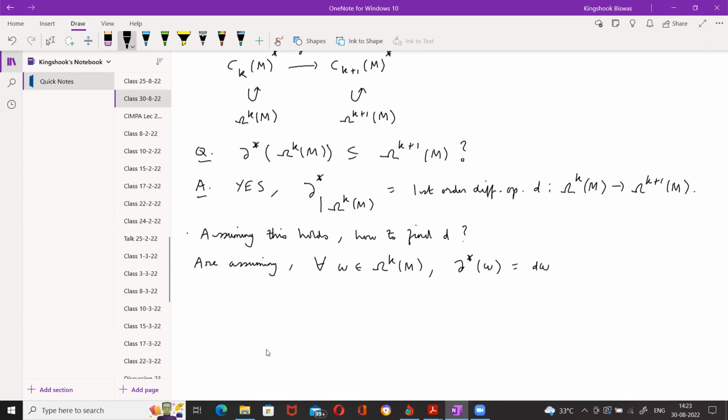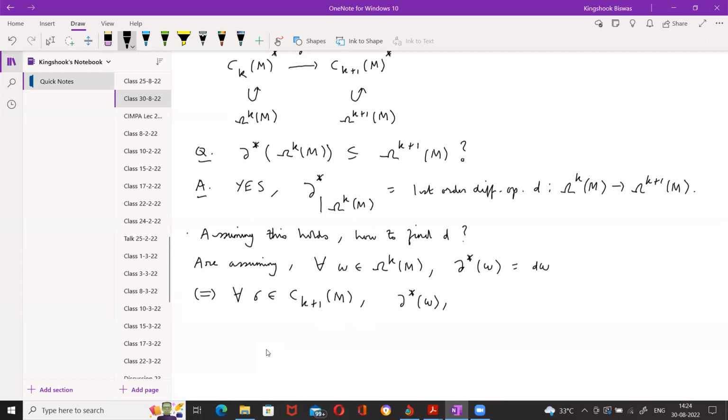Now what this means is, for all sigma k plus 1 chains, delta star omega is a linear functional. This is an element of C k plus 1 m star, acting on sigma.